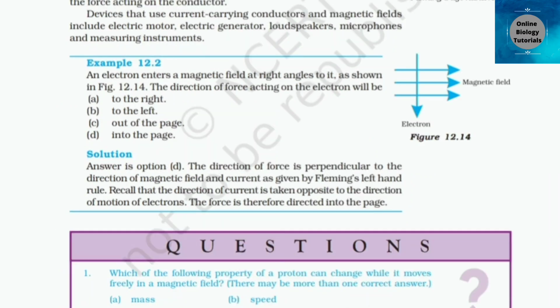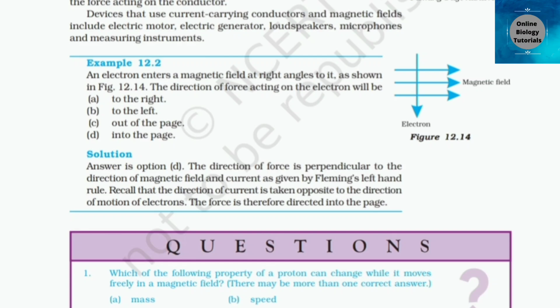Devices that use current-carrying conductors and magnetic fields include electric motor, electric generator, loudspeakers, microphones, and measuring instruments. Example 12.2. An electron enters a magnetic field at right angles to it, as shown in figure 12.14. The direction of force acting on the electron will be A, to the right; B, to the left; C, out of the page; D, into the page.